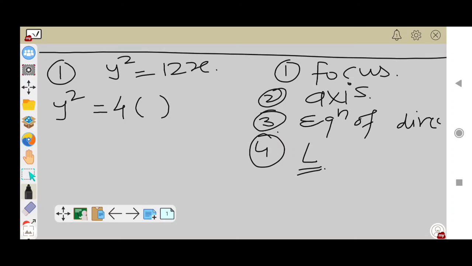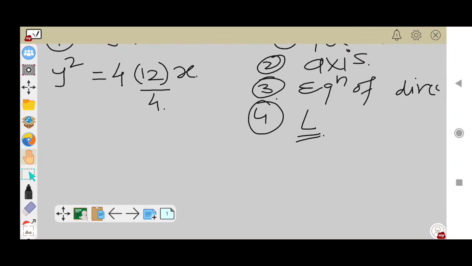See, this is the parabola. What will be the diagram of this parabola? The opening is on the positive side of the x-axis. What is a here? This is (3, 0). Therefore, where will be the directrix?